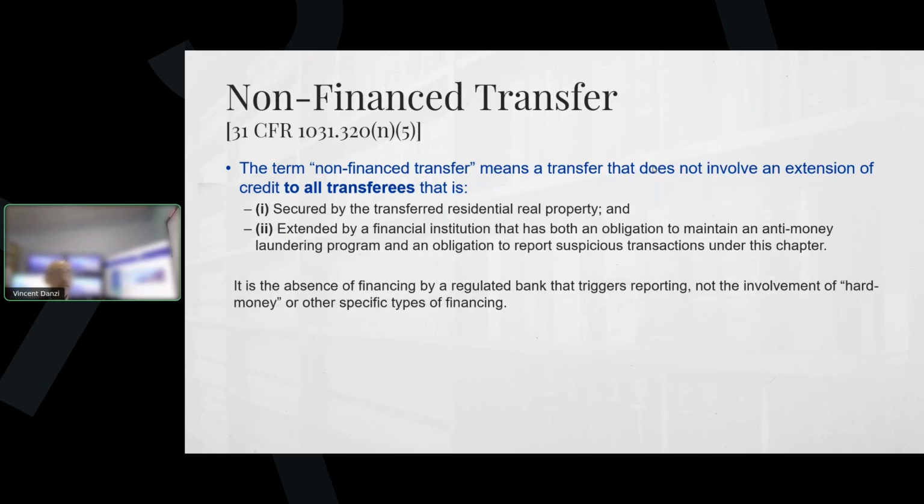In other words, it's the absence of financing by a regulated bank that triggers reporting, and not the involvement of hard money or other specific types of financing. Now, that's a really important concept, and it's another area where there's a lot of confusion, it seems.